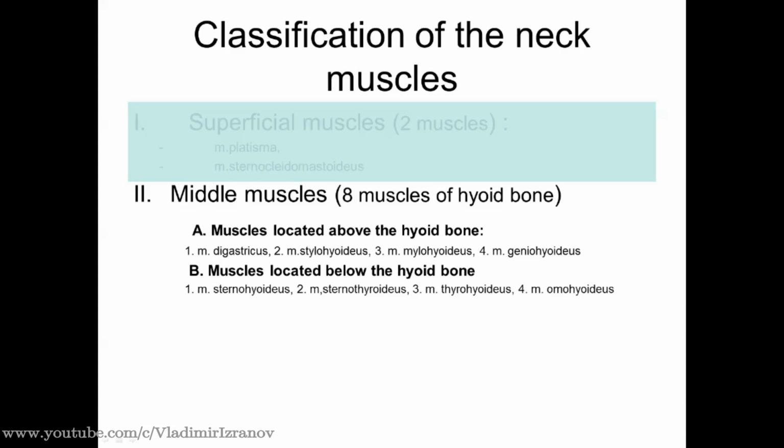And there are 4 muscles above the hyoid bone: musculus digastricus, number 2, musculus stylohyoidus, number 3, musculus mylohyoidus, and number 4, musculus geniohyoidus.